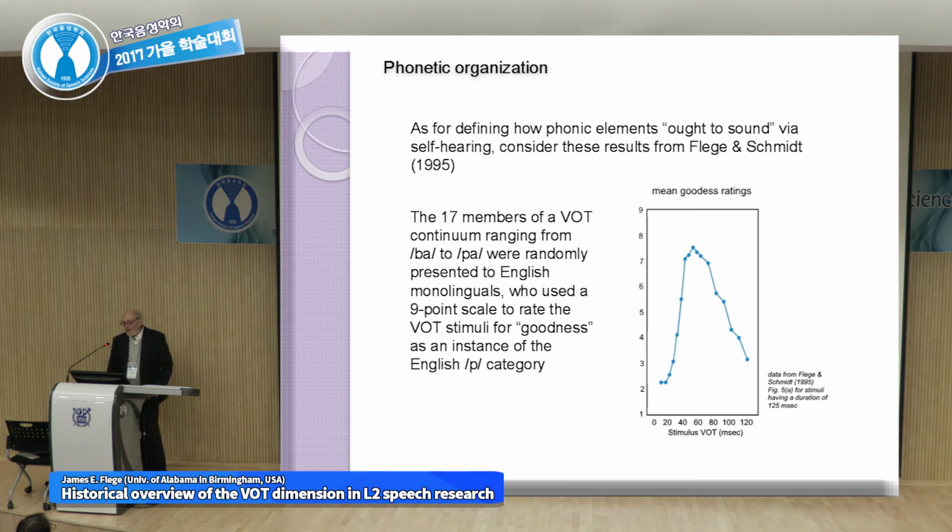As for defining how phonetic elements ought to sound via self-hearing, consider these results from our '95 study. The 17 members of a VOT continuum ranging from ba to pa were randomly presented to English monolinguals who used a 9-point scale to rate the VOT stimuli for goodness as an instance of the English P category.